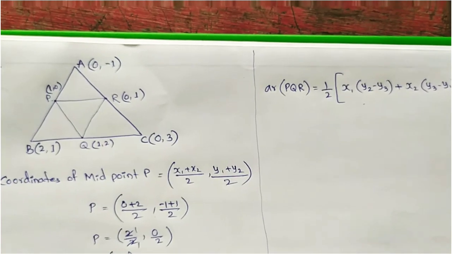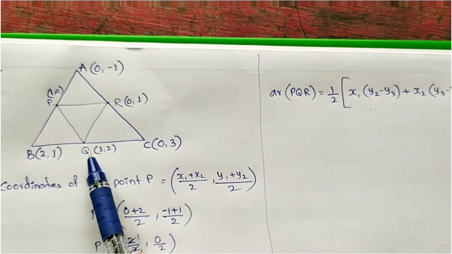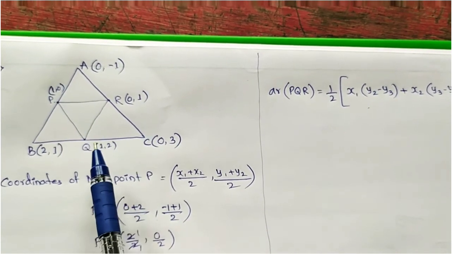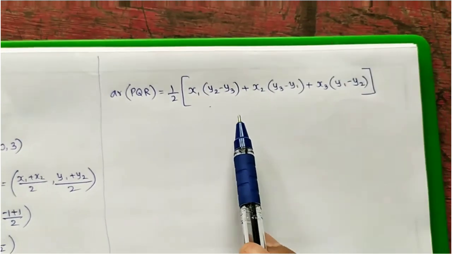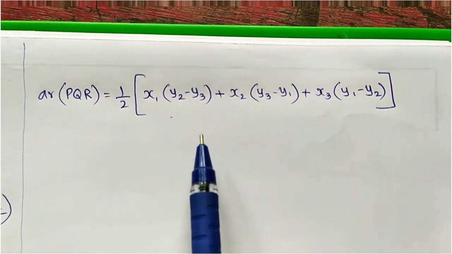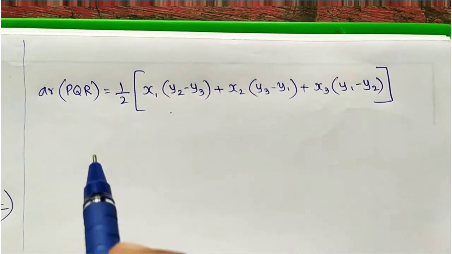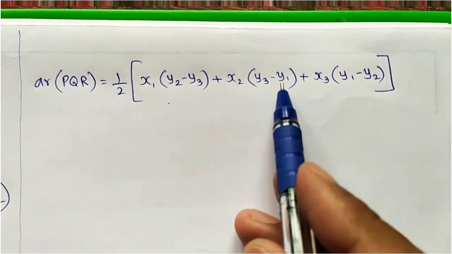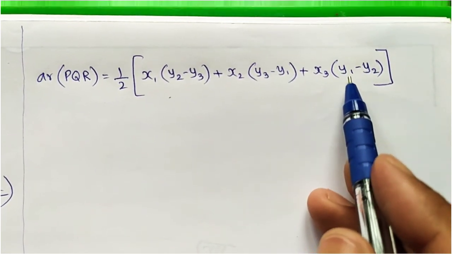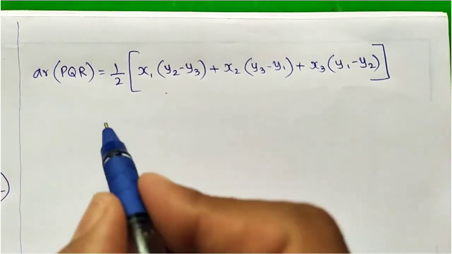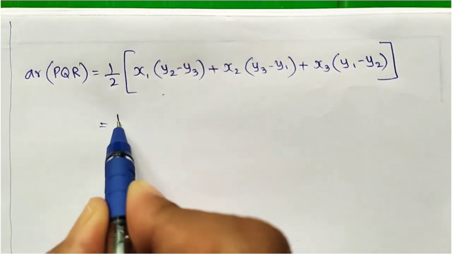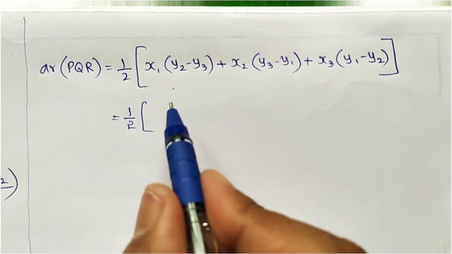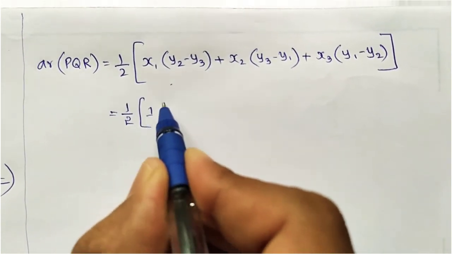Now, using these coordinates of PQR, we have to find the area of that triangle PQR. Using the formula, area PQR equal to 1 by 2 x1 of y2 minus y3 plus x2 of y3 minus y1 plus x3 of y1 minus y2. So substitute the respective coordinates of PQR. For x1, it will be 1.